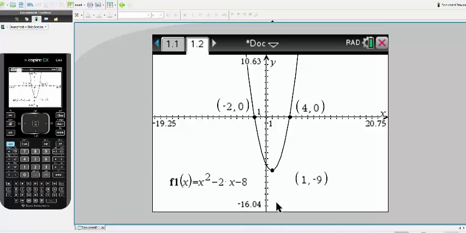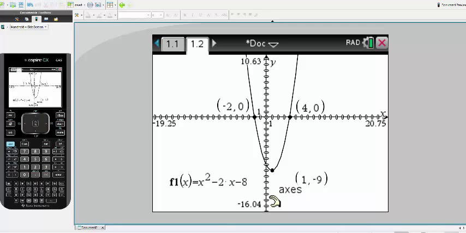So basically we know that the function is not defined below here, below, well, -9 is the lowest y value. So if it's less than -9, the function is not defined.